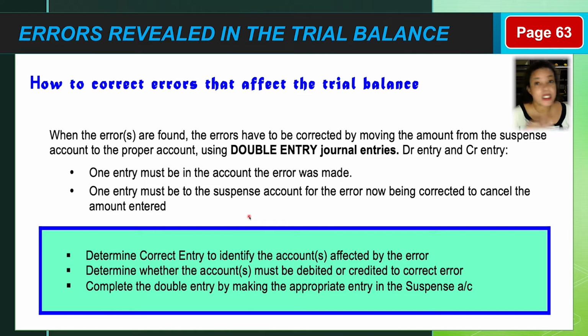So these are my steps: identifying the correct entry to identify which account the error was made in. So you're identifying the account that the error was made in, basically. And then you're going to identify the correct side, the correct amount, whatever it is, for that account.